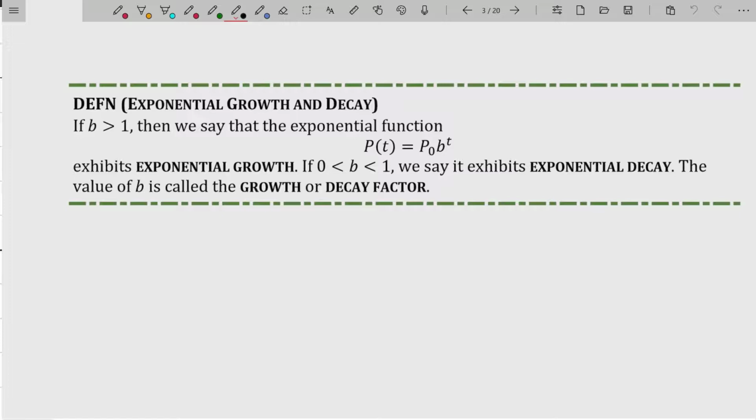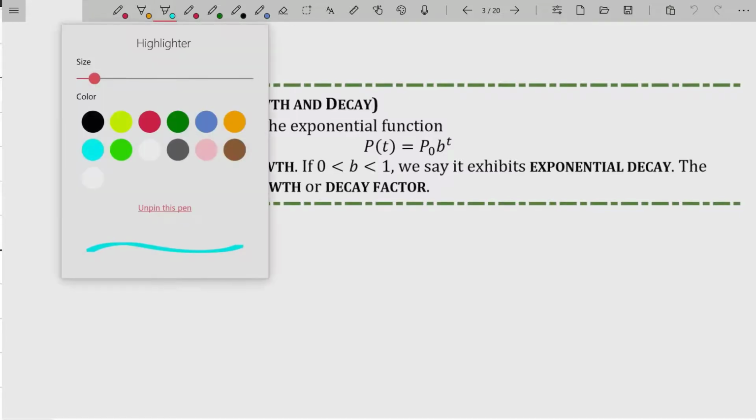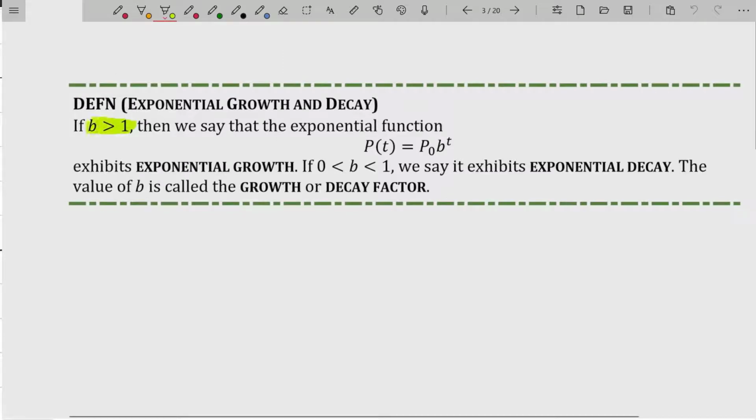So if the base is greater than 1, which I'm going to highlight in yellow here, then that population function or exponential function exhibits exponential growth. Again, we just had a theorem that said that the function was increasing if the base is greater than 1. And so we call that exponential growth. That should be somewhat obvious to most people.